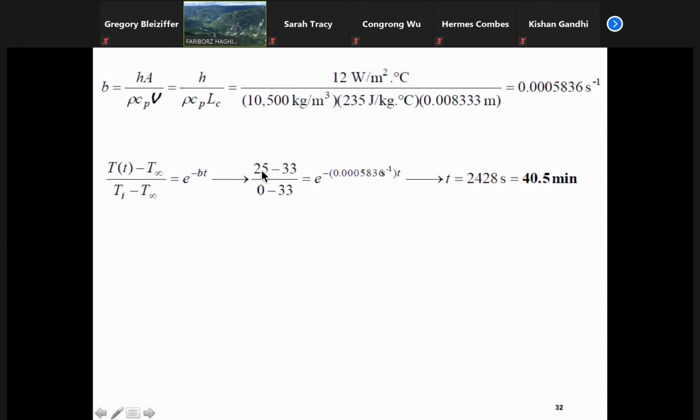Therefore, we would like to know how long it takes for the temperature to reach 25. This is given. The only unknown here is t. Therefore, we place it here, and we can see that after 45 minutes in that environment, with that heat transfer coefficient, the temperature at the center reaches 25, okay?